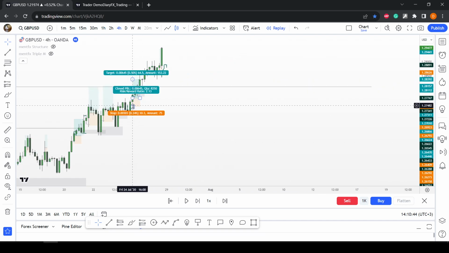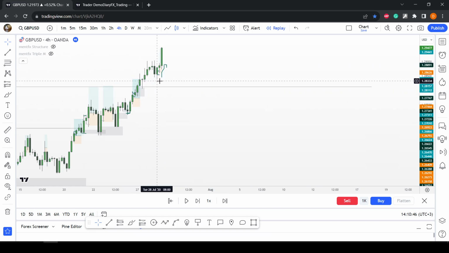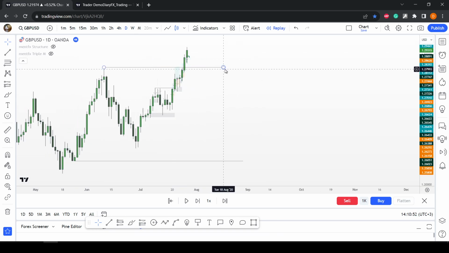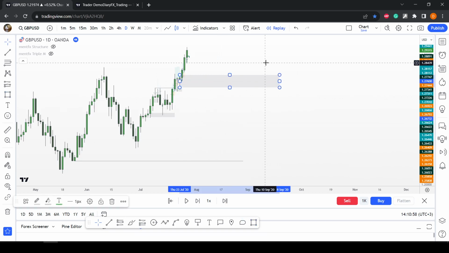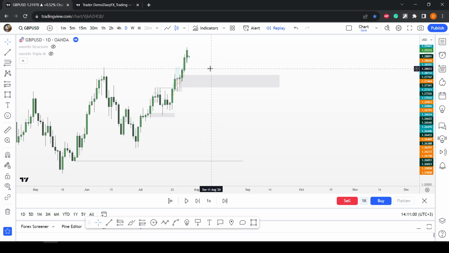We have this pretty weak impulse, tightening, and impulse up, so we expect it now to continue maybe a little bit. And we broke daily high, so now the fun part is finished, and we have this zone on daily. Basically that's all we have on daily, because maybe something here now.